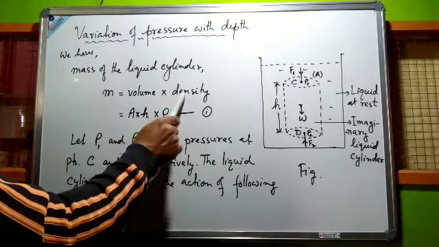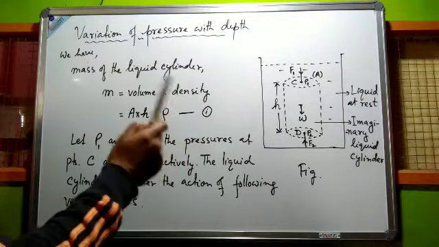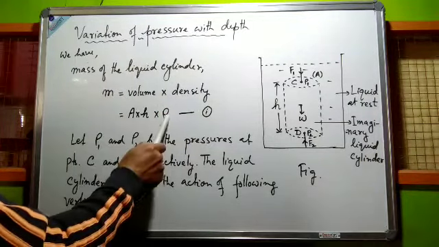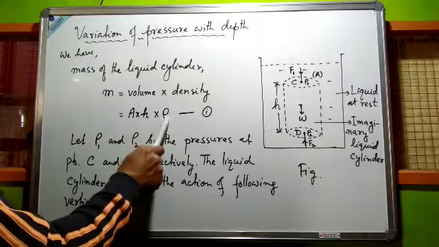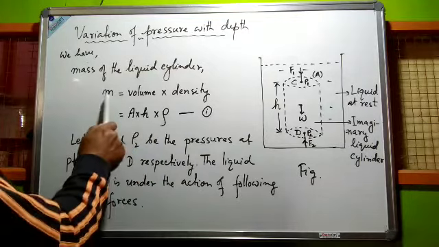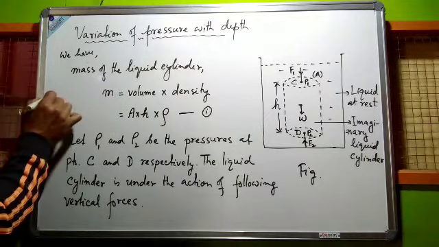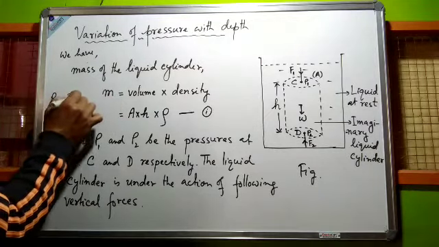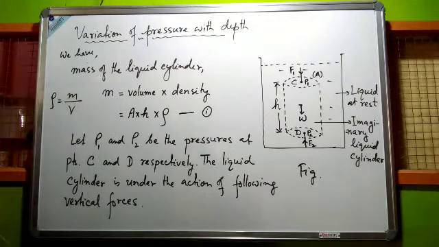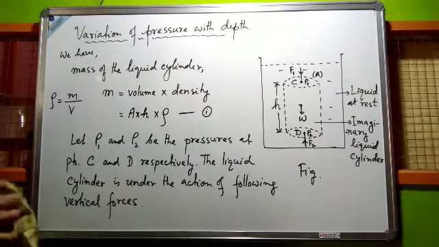Density is mass per unit volume, so mass equals density into volume, with density rho. So mass equals volume into density.